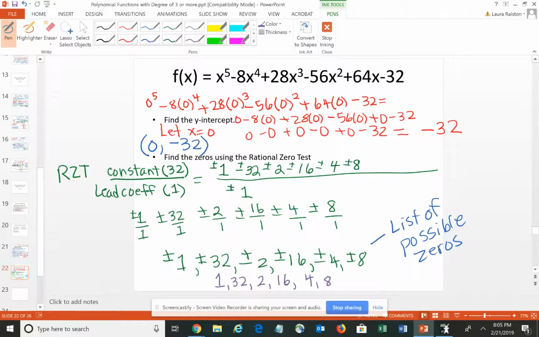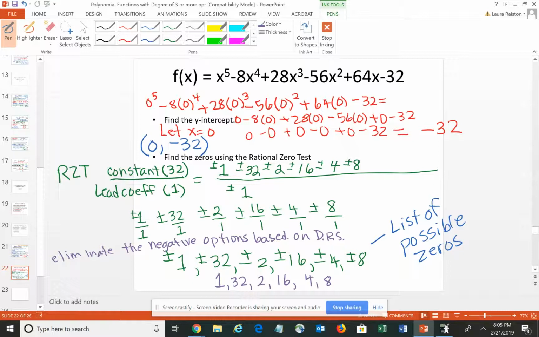I can eliminate the negative options based on Descartes' rule of signs. So now I've narrowed it down to 6 options.